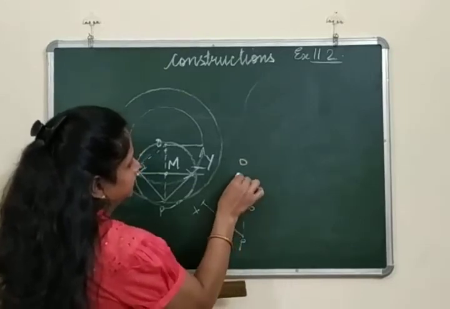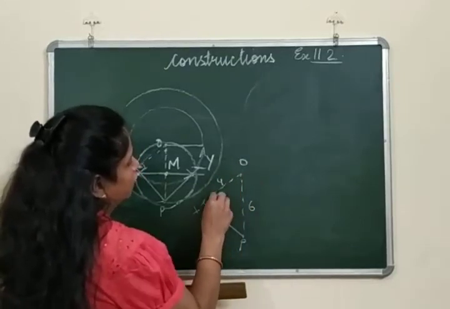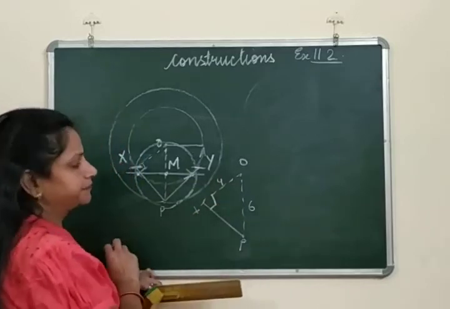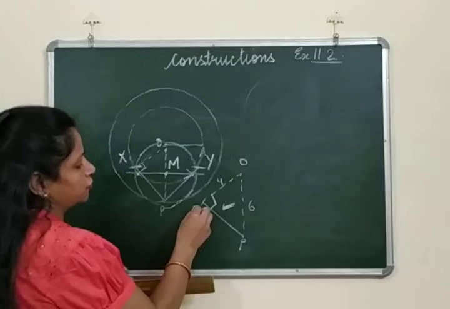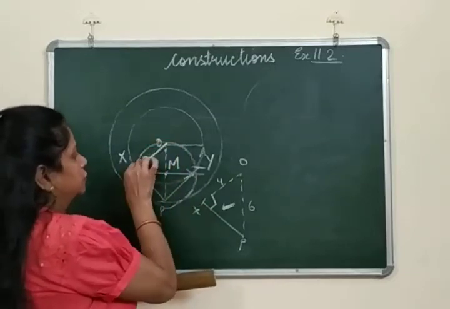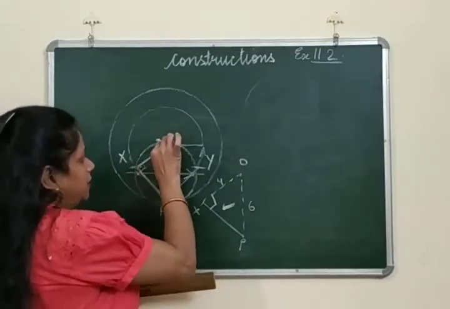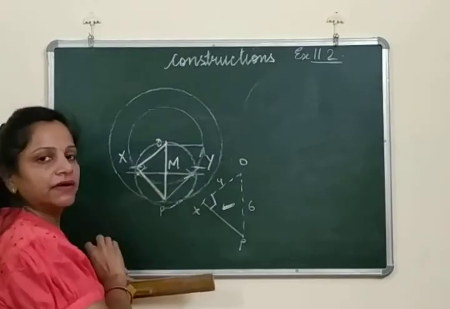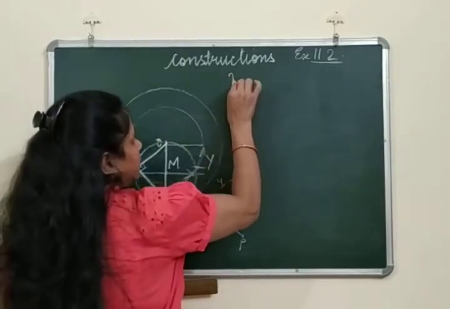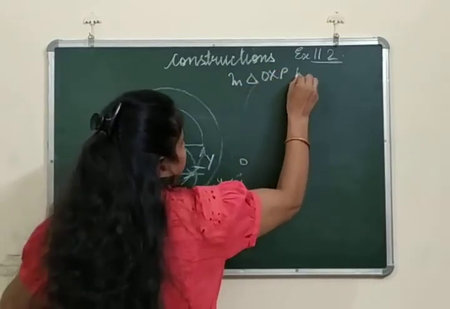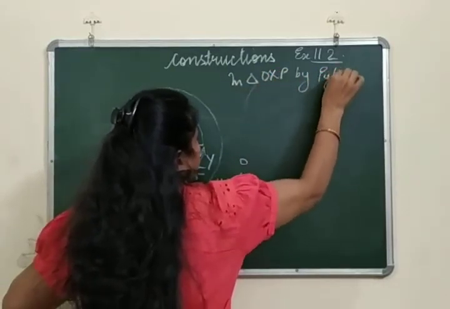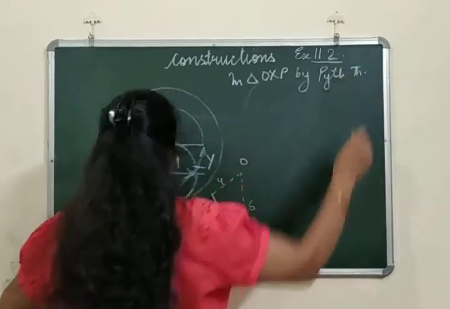This is 6. This radius is 4 and this is a 90-degree angle over here. Right? Now when you see, this becomes a right angled triangle. Look here. X, P, like this. This becomes a right angled triangle. So in triangle OXP, by Pythagoras theorem, what can we say?